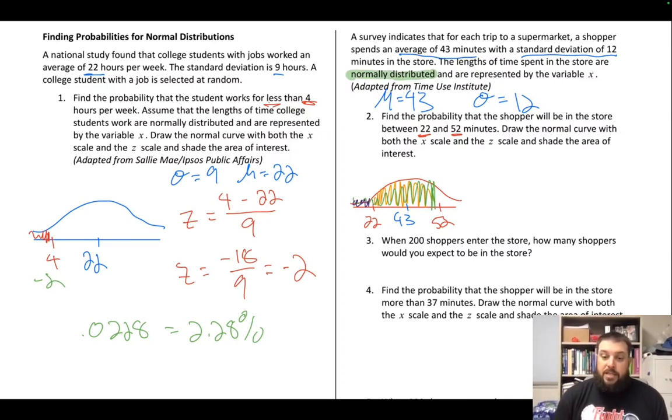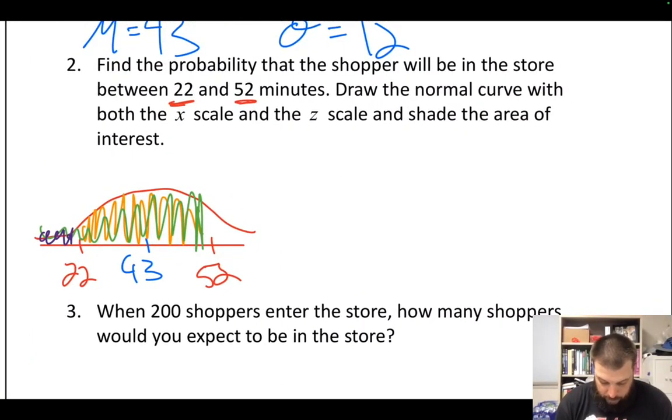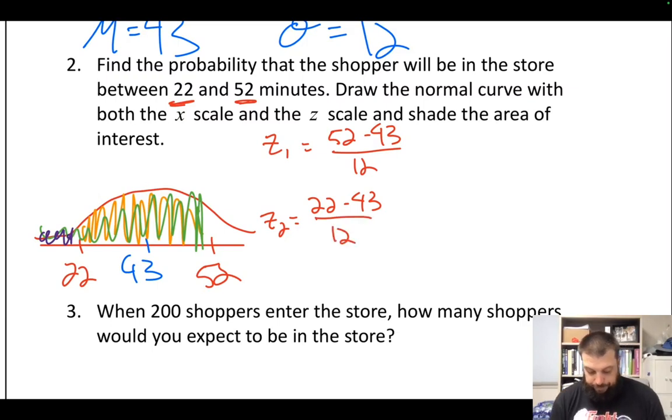Now, we can't take 52 and 22. Those aren't z-scores. Those are x values. So we've got to find the z-score for both first. So z1 is going to equal 52 minus 43 over 12. And then z2 is going to equal 22 minus 43 over 12.